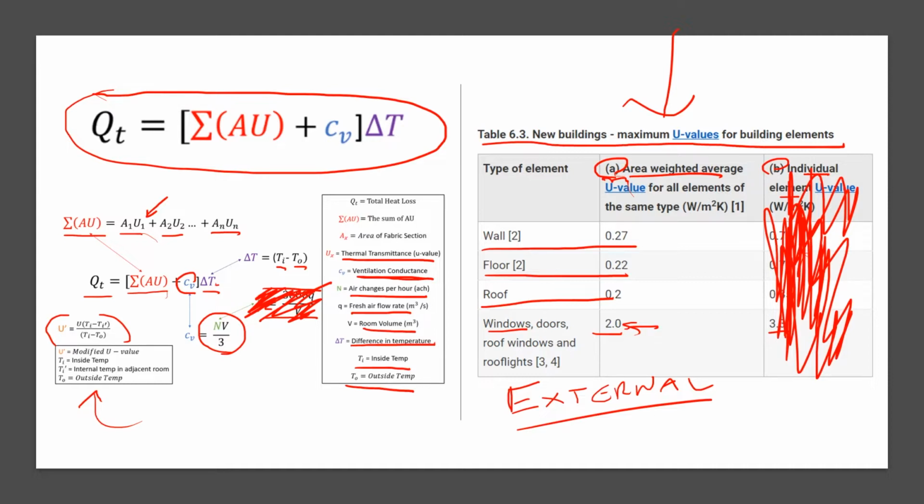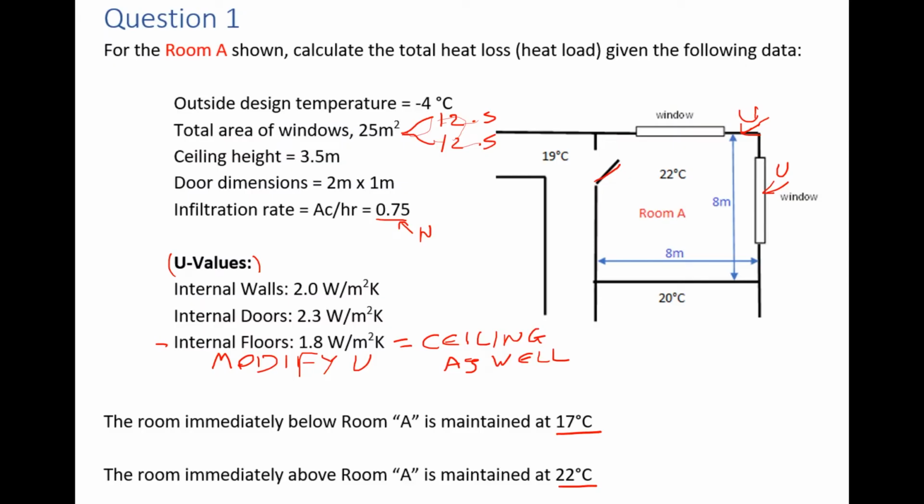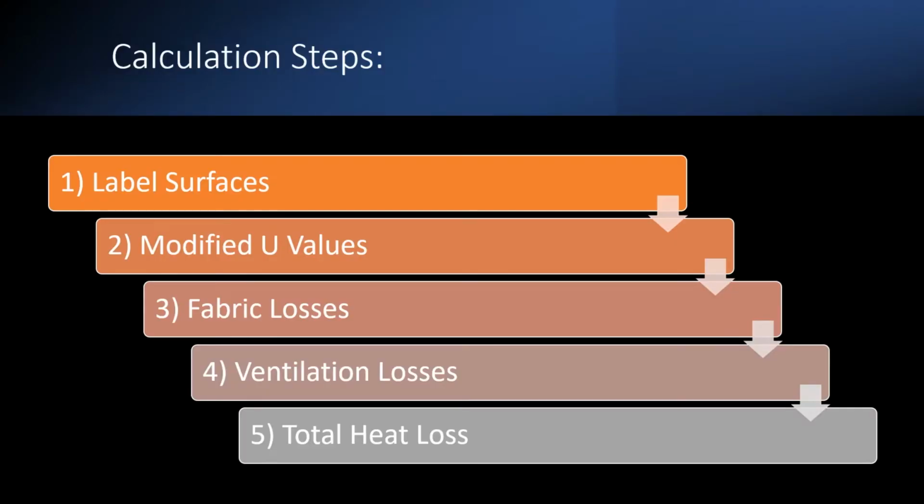So your external wall U value would be 0.27 and our window would be 2. Okay, so any values that aren't in that question information, don't panic, they will be in that other set of data we've got.